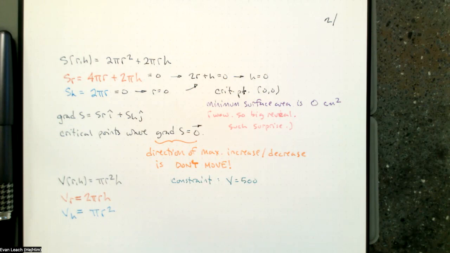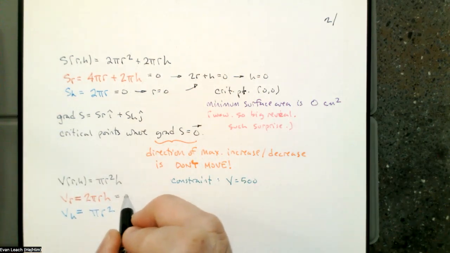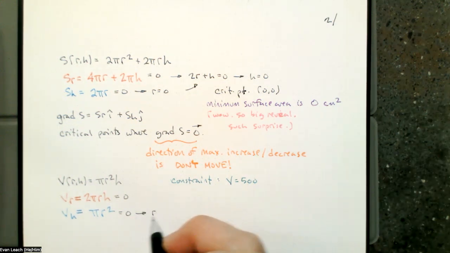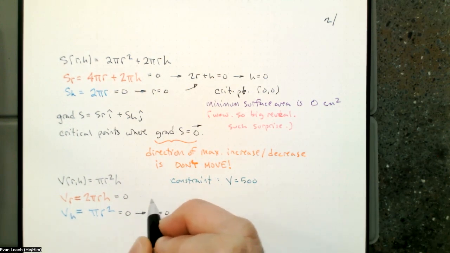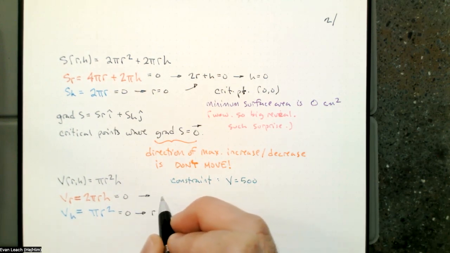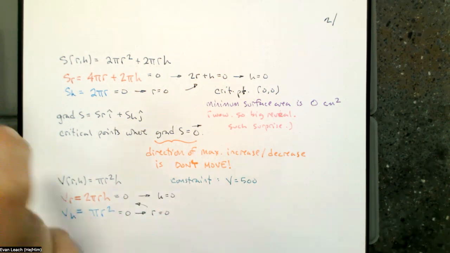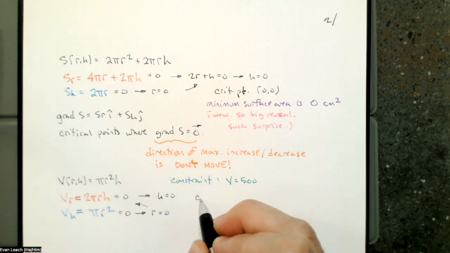No revelation there. Nothing interesting happens if I set these equal to 0. The second one tells us that R is equal to 0, and if I plug that into the first one, that tells us that H is equal to 0. So you have a critical point of 0, 0.